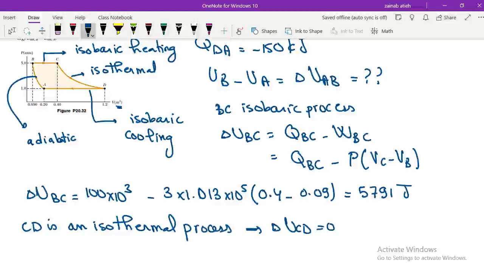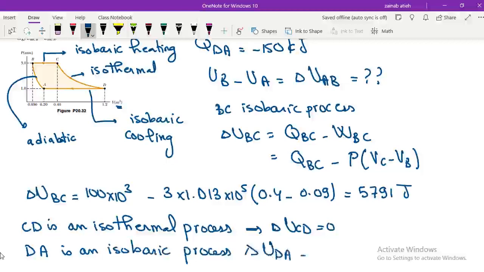Similarly as we have done for BC, DA is an isobaric process. Then delta U DA is equal to QDA minus work DA. Remember that the pressure is constant.